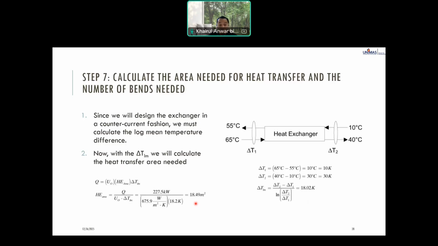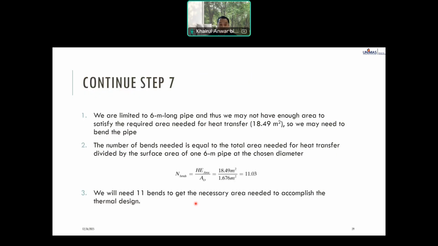So in this case, N bend equals HE 18.49 divided by AO. AO refers to the inside pipe. So in this case, the inside pipe needs to bend. So how many bends? 11 bends. Thus we will need 11 bends to get the necessary area needed to accomplish the thermal design.